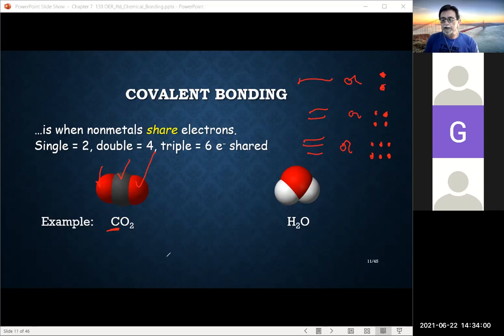And anything that follows is bonded around the central atom. It could be bonded singly, double bonded, or even triple bonded, depending on the condition. We're going to learn how to determine what type of bond is being created.